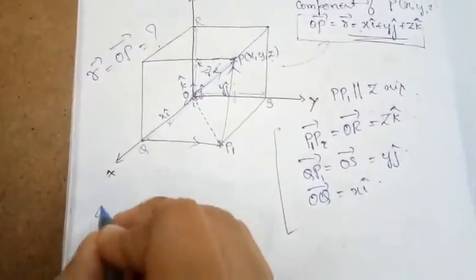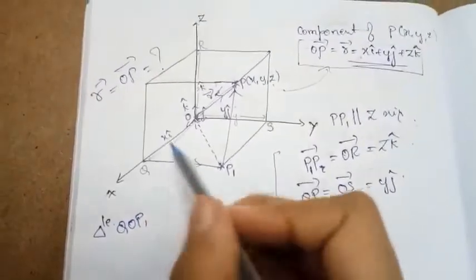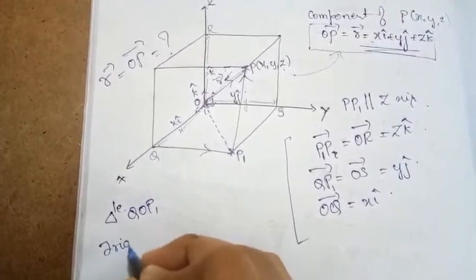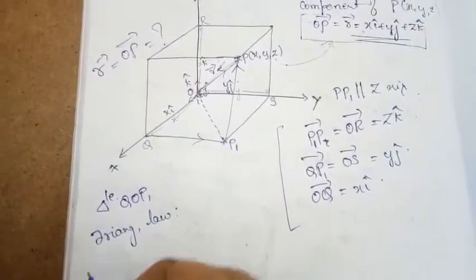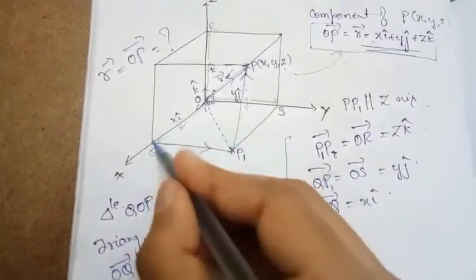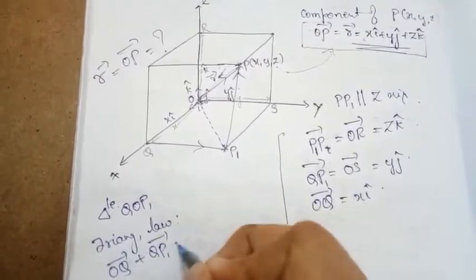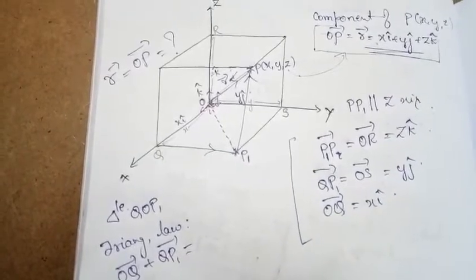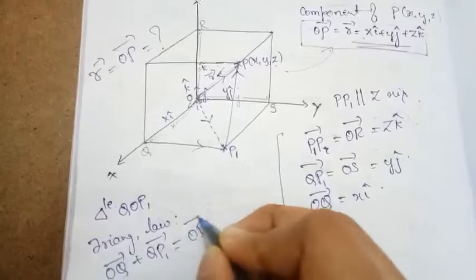Now consider the triangle QOP1. Using the triangular law, vector OQ plus vector QP1 is equal to vector OP1.